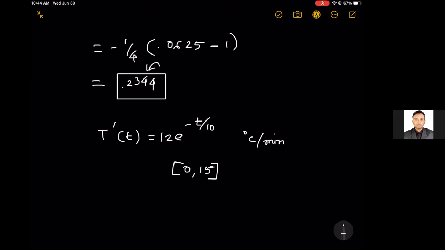Remember, we're trying to find the change in the temperature within this interval. This is the time interval, by the way, in minutes. So clearly we'll be finding antiderivatives, but the question is why?